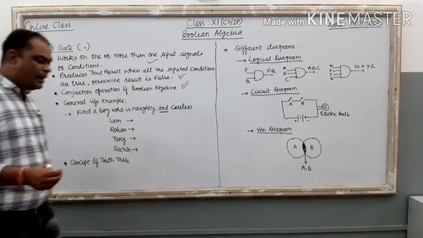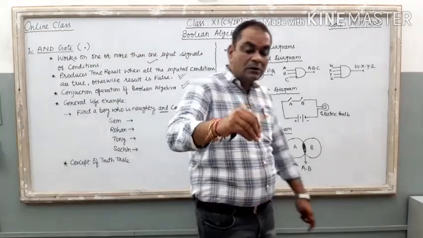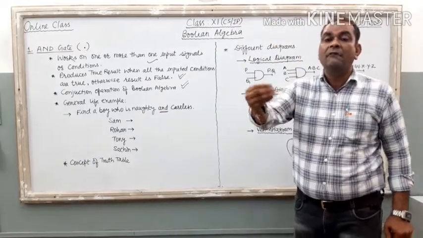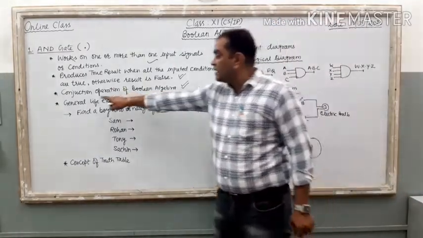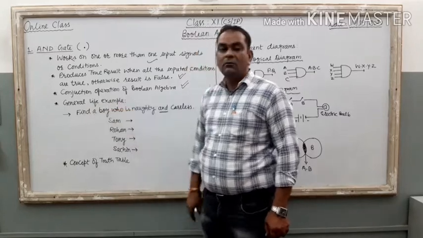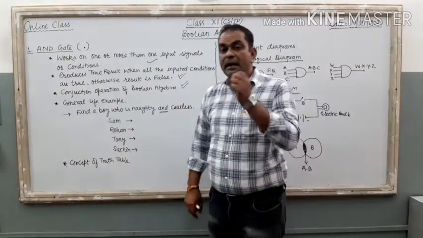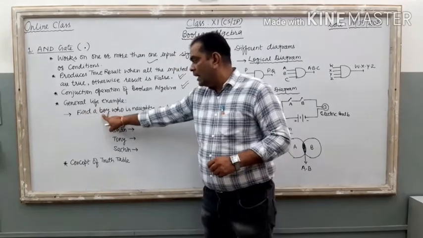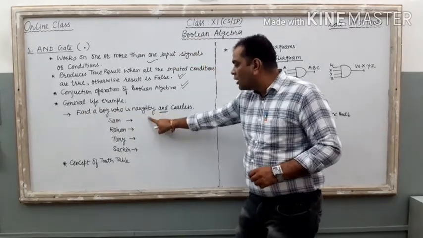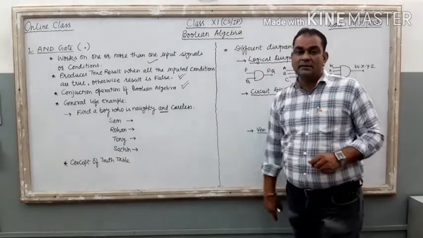Right? Now, we are going to understand the concept of the AND gate with a general life example. Here, a general life example is there on the board. What is the example? Just read this line carefully. The statement is: find a boy who is naughty and careless.